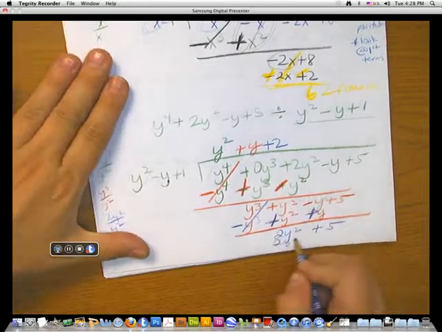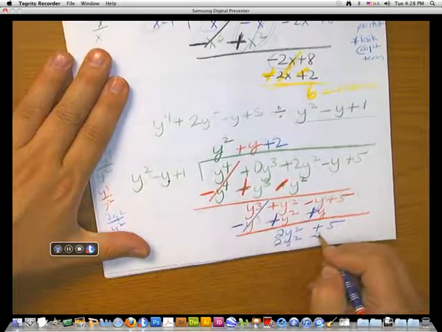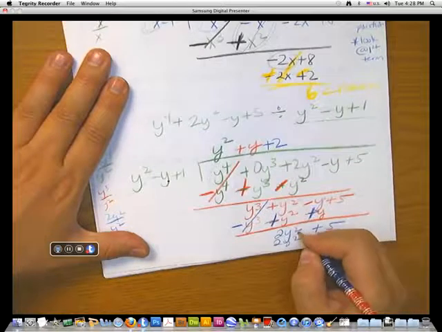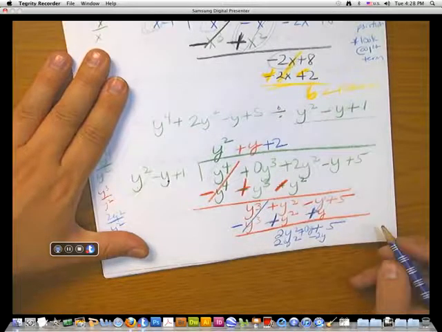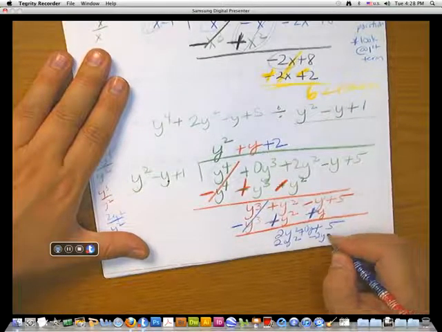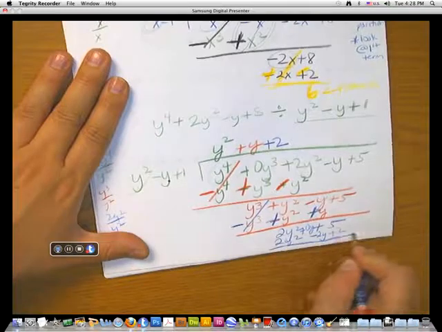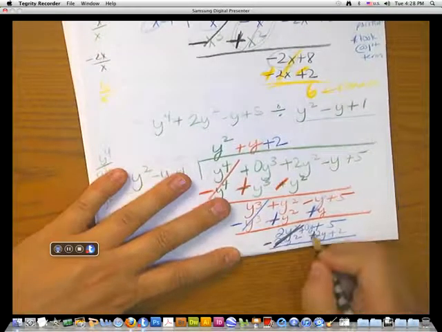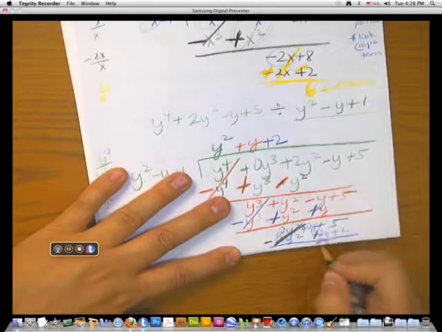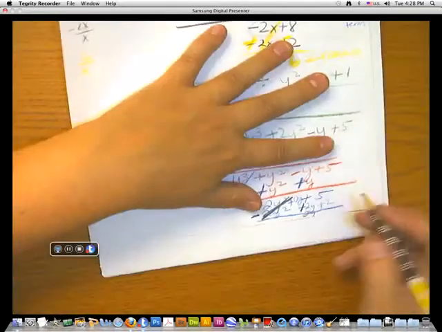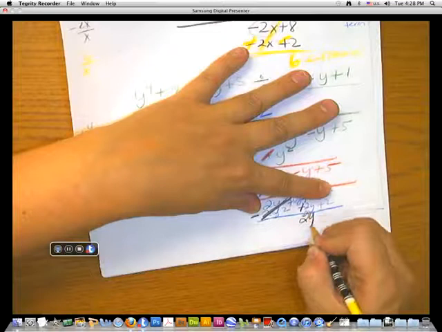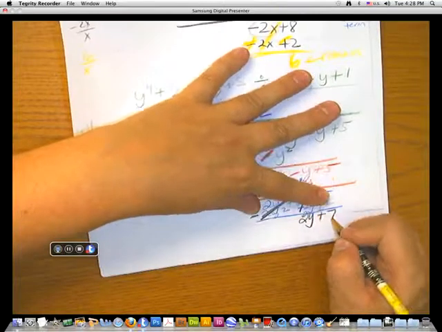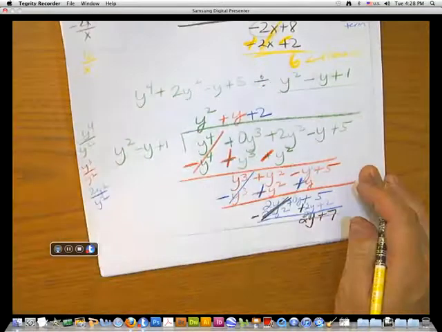Multiply around, I get 2y squared minus 2y plus 2. When I subtract, the first one goes away. Second one becomes 2y. And 7.